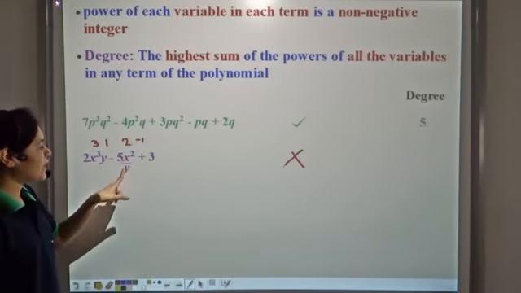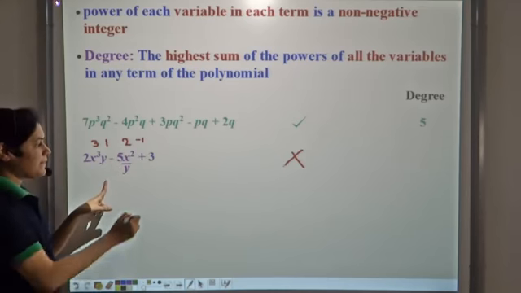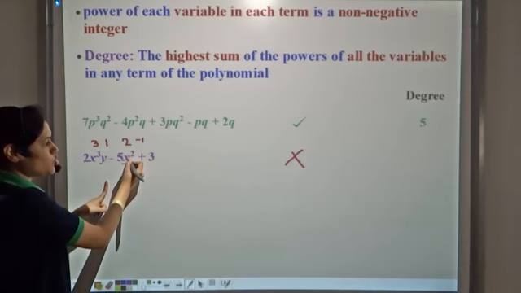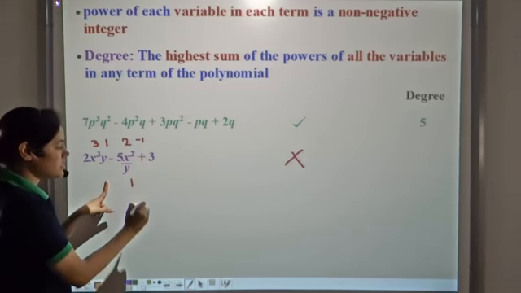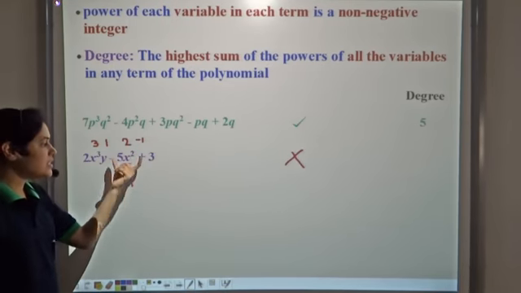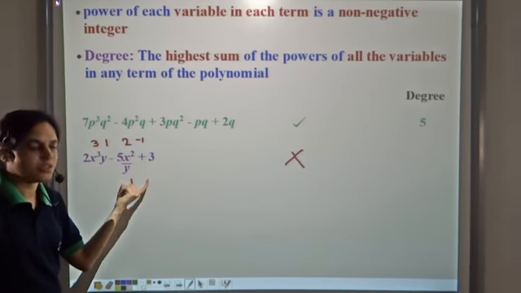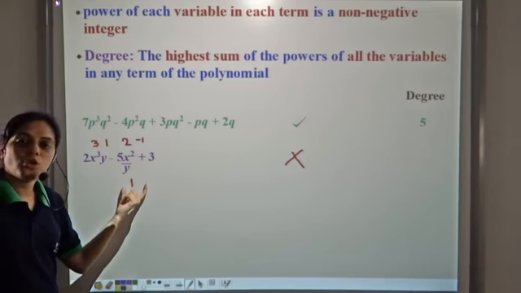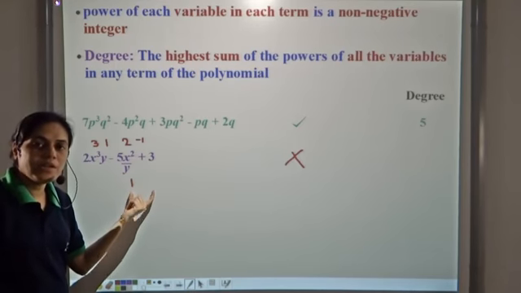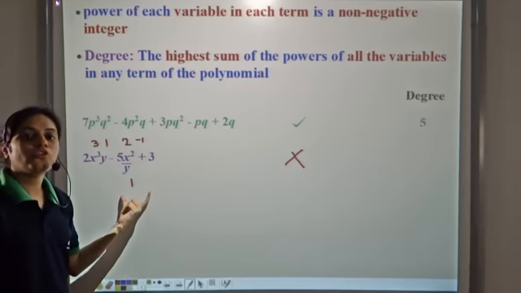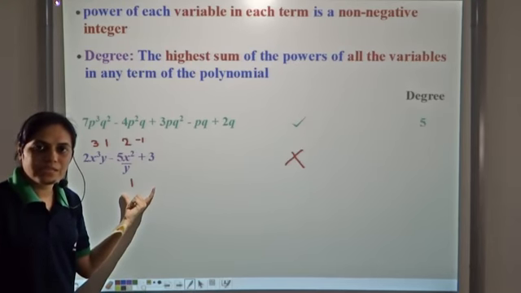Remember, if we consider this term, then the sum of the powers of this term is 2 minus 1, which is 1. It is a positive integer, or a non-negative integer. But still it does not qualify as a polynomial because when checking for a polynomial, we do not look at the sum of the powers of the variables.